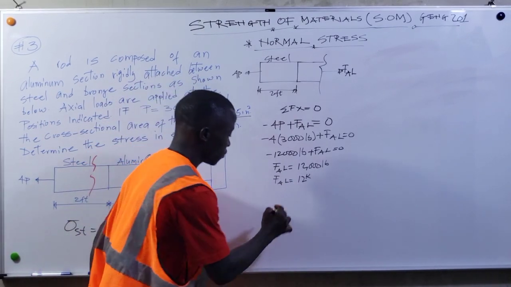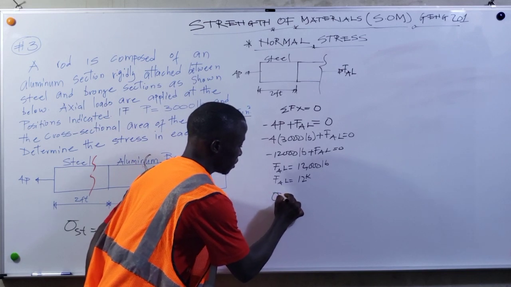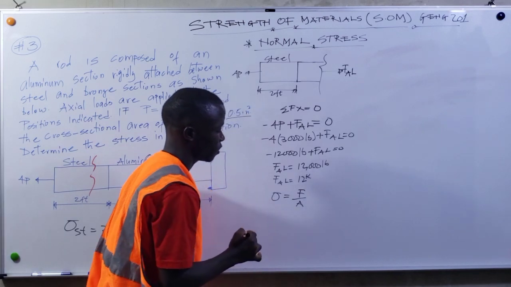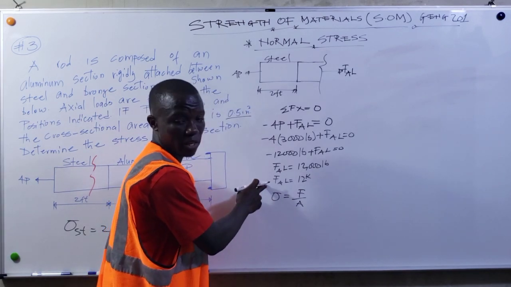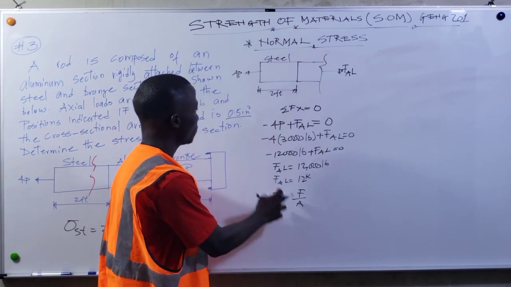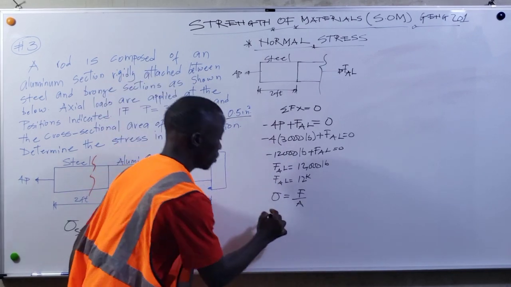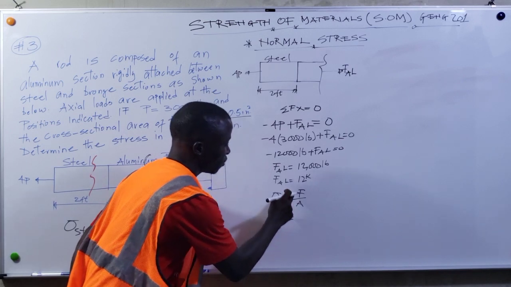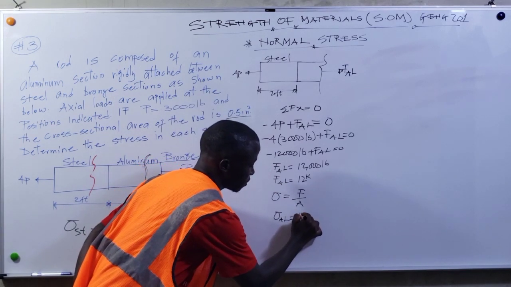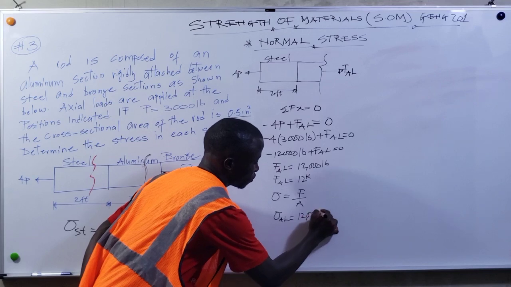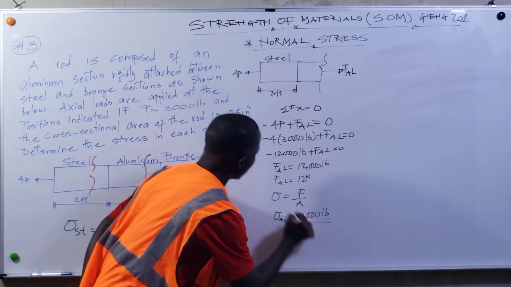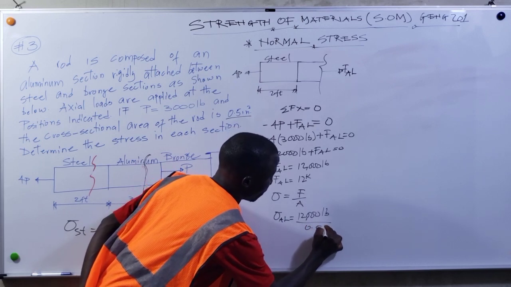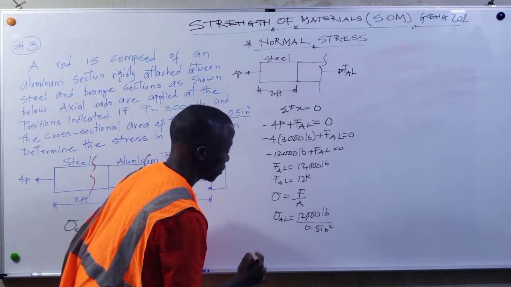So now let us find the stress. We know that the stress is equal to the force divided by the cross-sectional area. So we have the force within the aluminum section. We know the area is 0.5 inches square. So the stress within the aluminum is equal to the force in the aluminum, 12,000 pounds, divided by 0.5 inch square.